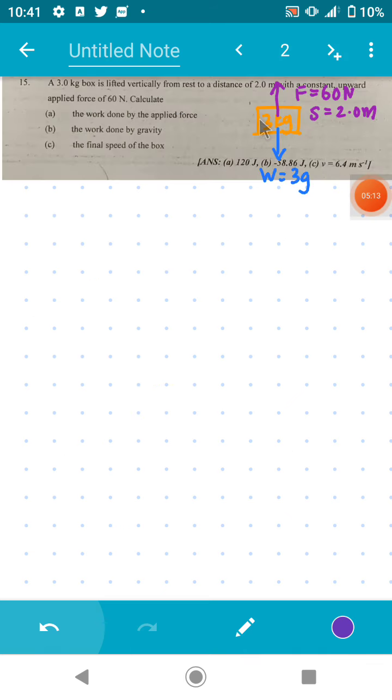So let's continue with question 15. This is about work and energy still. A 3.0 kilogram box is lifted vertically from rest through a distance of 2 meter with a constant upward applied force of 60 Newton. Calculate A, the work done by the applied force.